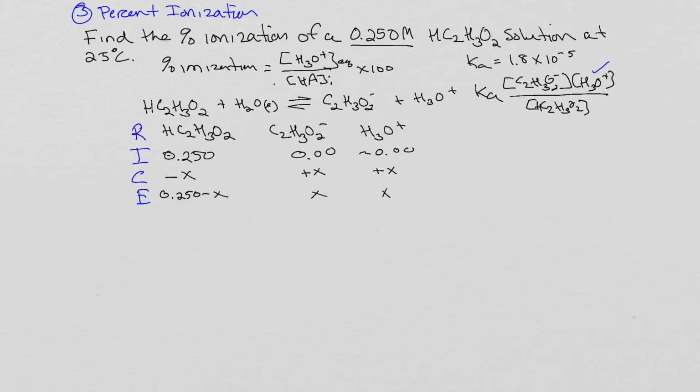So now we can go ahead and use our Ka expression. Ka is going to equal x times x over 0.25 minus x. Now, as I mentioned before, if you look at the values, we're at least 3 orders of magnitude apart. So, as I said with a lot of these, we're going to use the x is smallest approximation to simplify here.